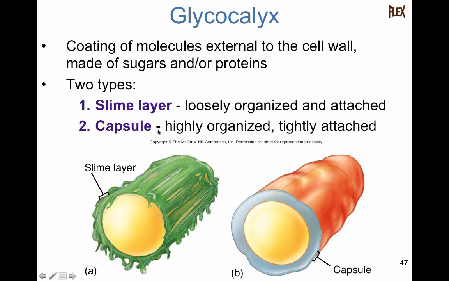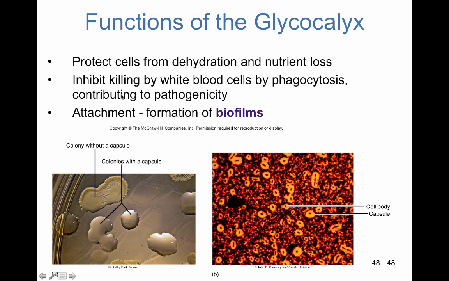The glycocalyx, whether we have a slime layer or a capsule, has a function of, number one, protecting cells from dehydration or these drastic changes in osmotic pressure and also nutrient loss. And it also can function to inhibit the killing process by white blood cells, and this process is phagocytosis. So the glycocalyx can actually inhibit phagocytosis, which again can contribute to virulence or pathogenicity, the ability of the microbe to actually cause disease.